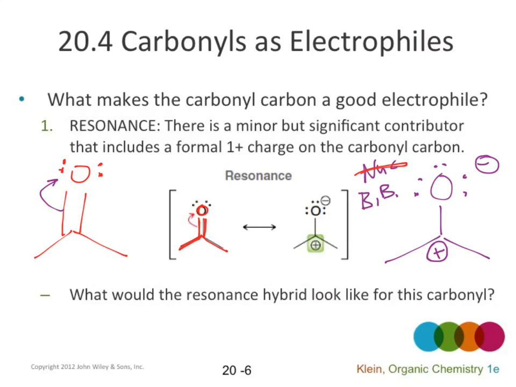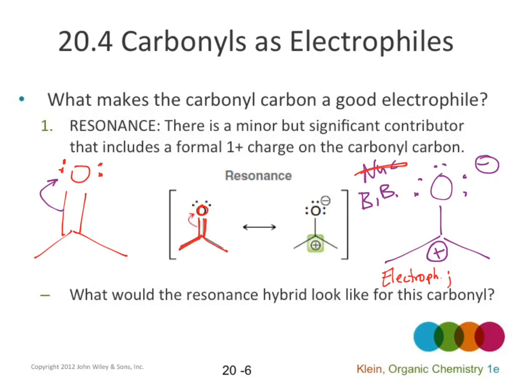So we have the potential for a Bronsted base. For the oxygen to become negative, what else has to happen? Carbon has to be positive. What happens to the carbon if it's positive? What do we have now? Electrophile. We have an electrophile, also known as? Acid. I want a little bit more than acid. It won't be Bronsted.